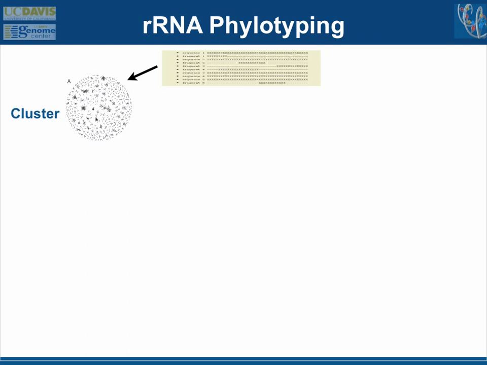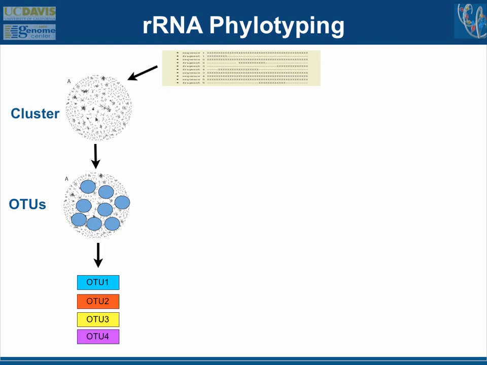An alternative approach, which is also done, is to take the multiple sequence alignment and just compare the sequences to each other and look at the percent identity of them and cluster them based upon their percent identity, sort of a quick and dirty method, find clusters within that big matrix, distance matrix, and identify operational taxonomic units from those clusters.